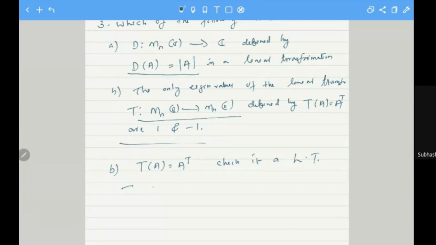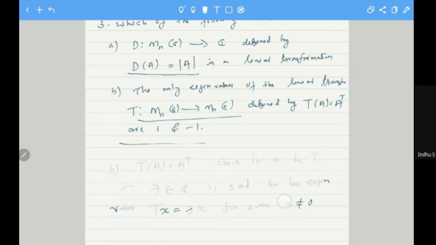A lambda element of C is said to be an eigenvalue if T of X equals lambda X for some X not equal to 0. Then we say lambda is an eigenvalue and the corresponding eigenvector is X. So this is the definition of eigenvalue. I hope all of you know this.